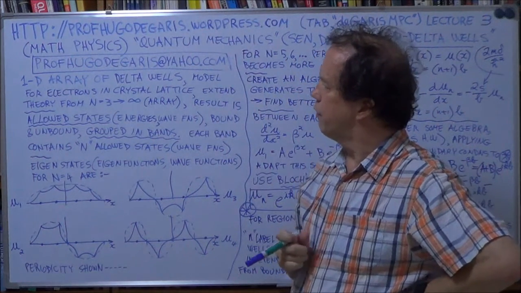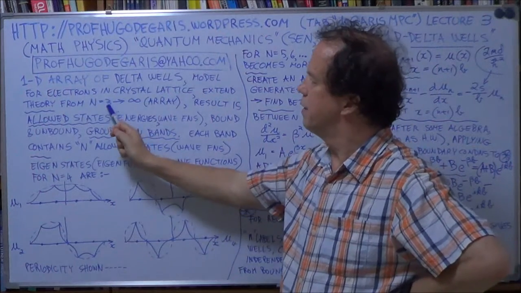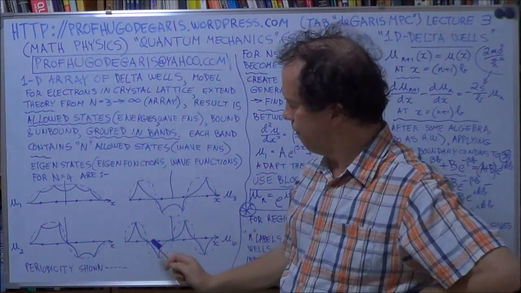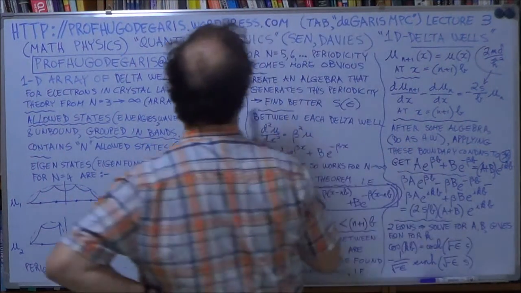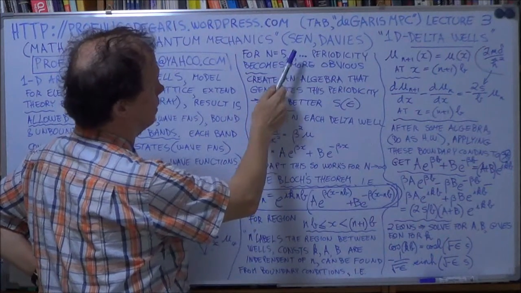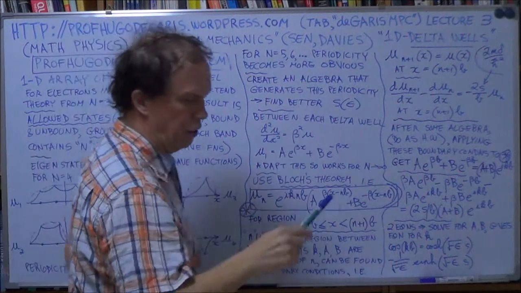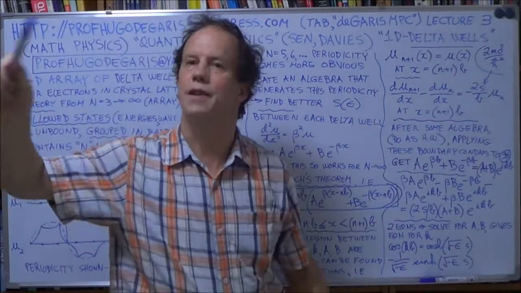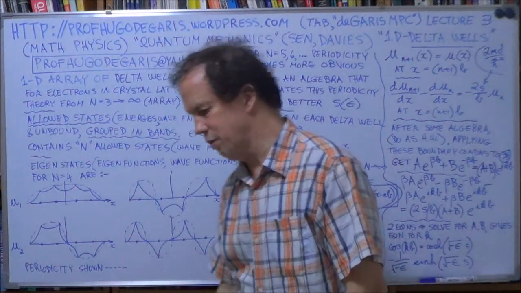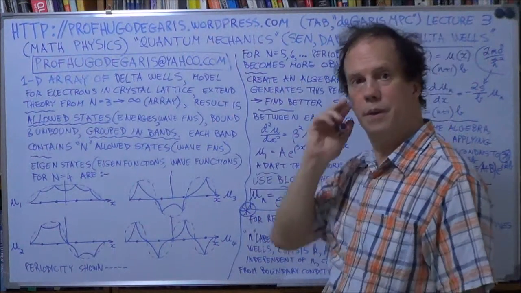We're moving on from 3 delta wells to 4, and we don't actually do it, but a pattern starts emerging when you go to 5 or 6 delta wells. You notice a certain periodic pattern emerging, and that's where Bloch's theorem comes in.